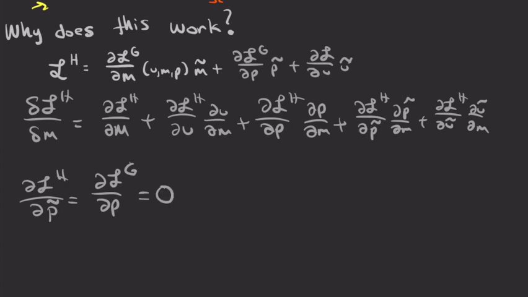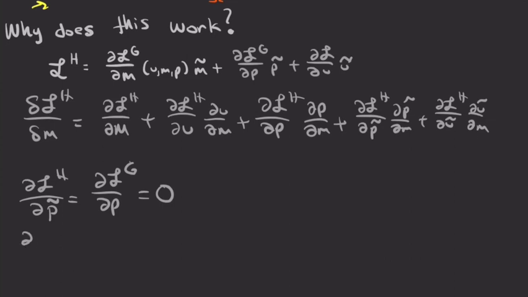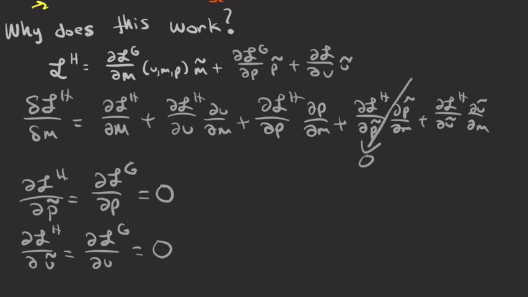That's 0. Partial Lagrangian h with respect to u tilde. Similarly, this is the only term that has the u tilde in it. And this is the partial of the gradient's Lagrangian with respect to u, because we were constraining that. So those two terms vanish.